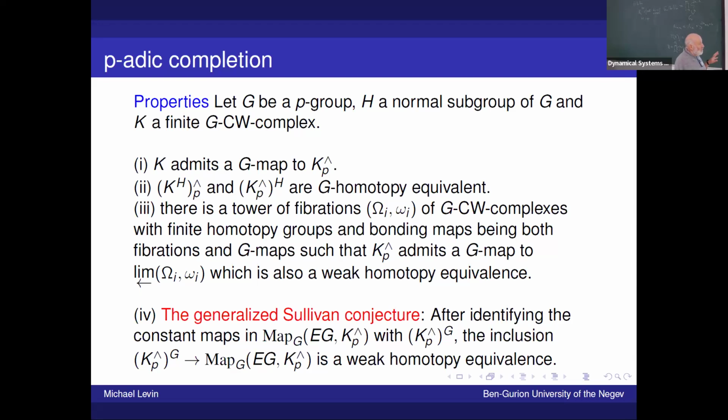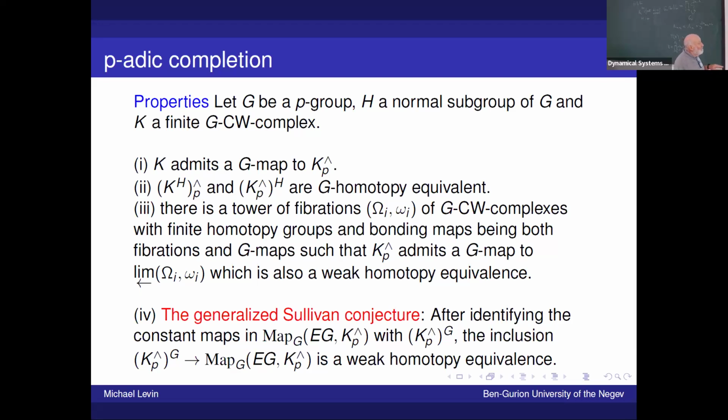One can construct the tower of fibrations, an inverse system, such that each element of the tower is a G-CW complex having finite homotopy groups.